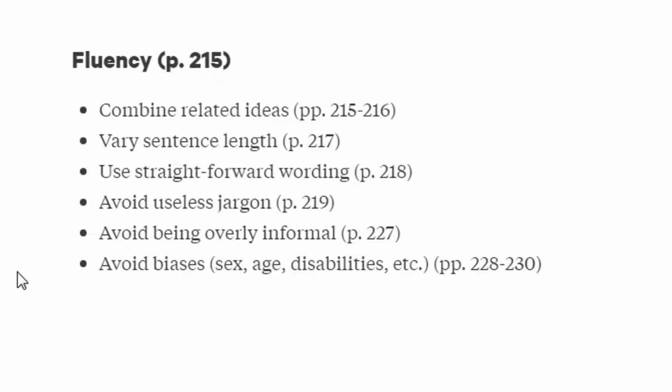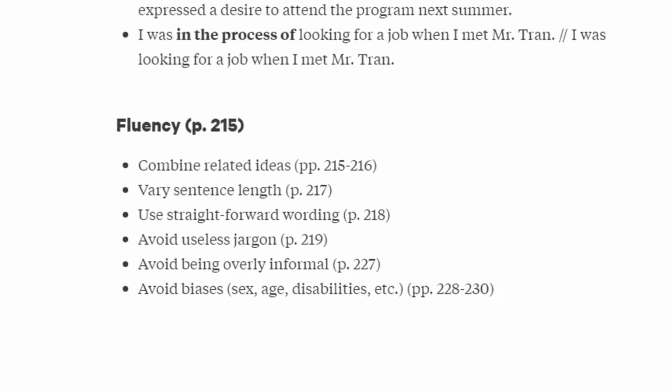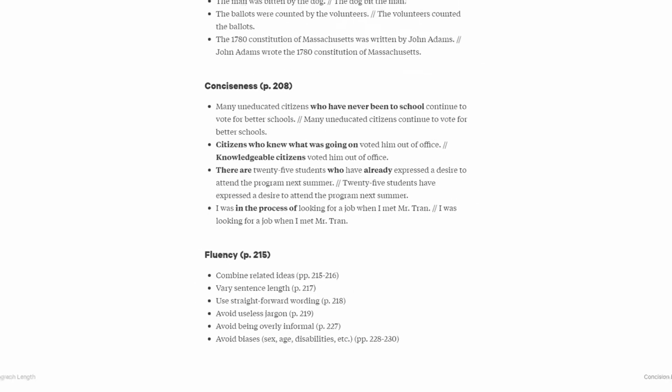Biases can be by gender or by age, disabilities. There's all kinds of biases, and it's hard to recognize those in your own writing, but it can be done if you become aware of them and start watching for them. So check out your book, pages 228 through 230, to review about avoiding biases in your writing.